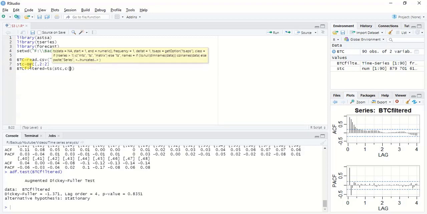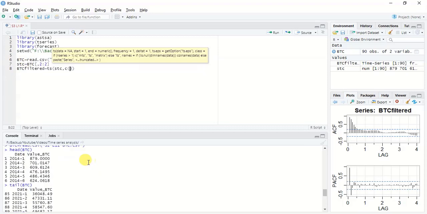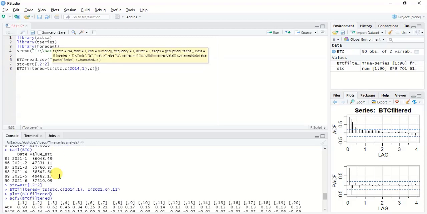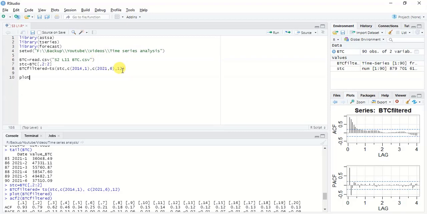We can give the starting date, which is 2014 January, and then the end date, 2021 June. We can specify the frequency as 12 since it is a monthly dataset. And let's plot this and see how the data is arranged.